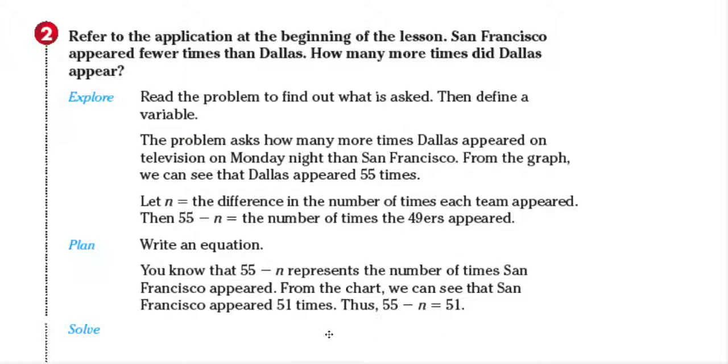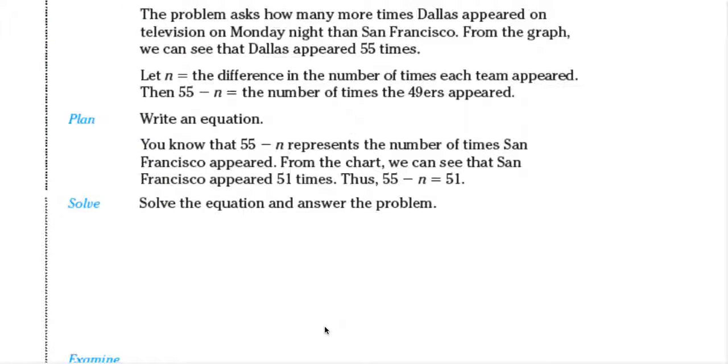And then we simply solve this. Solve this equation by copying the problem, 55 minus n equals 51. Okay, and then we subtract 55 from both sides of the equation to undo 55 and to isolate n.